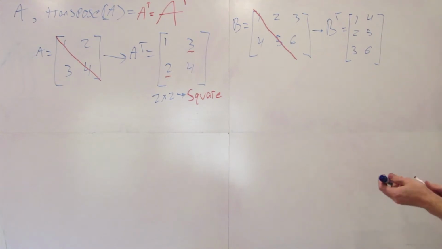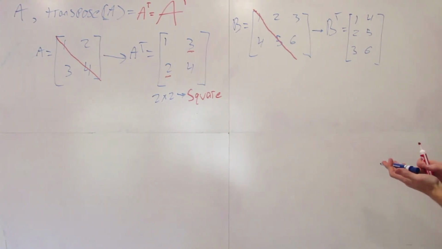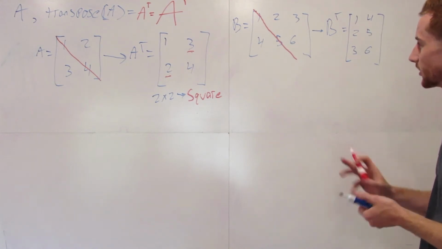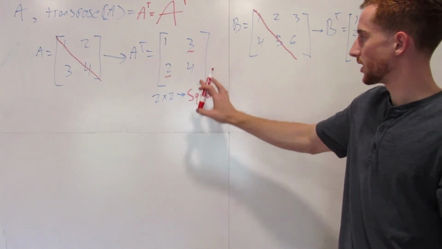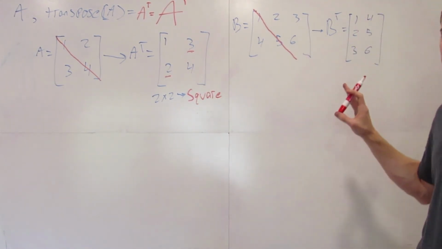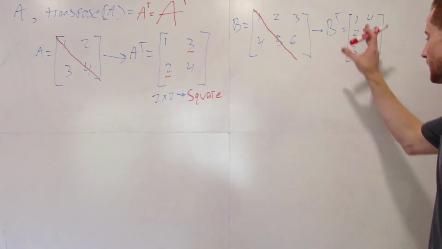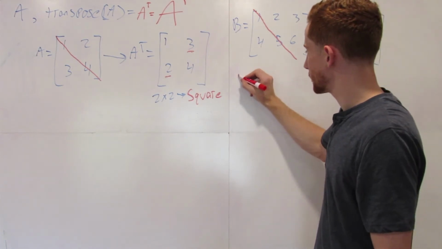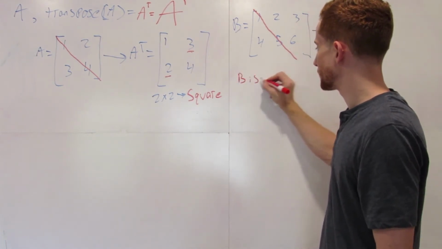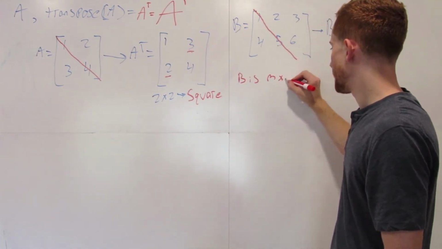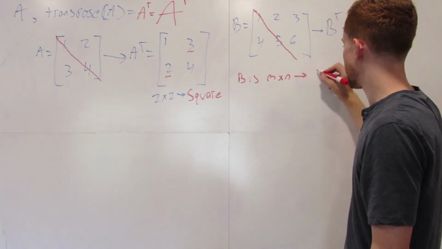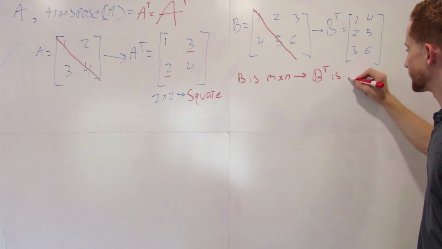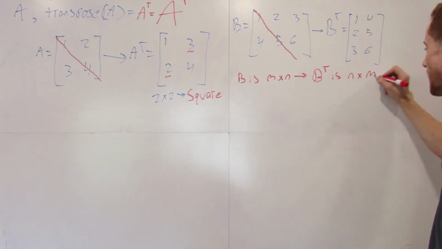So it's something that you just have to do a couple times to get an understanding. These ones are a lot trickier than these ones because you have this weird change of orientation essentially. So in the general case, B is M by N implies that B transpose is N by M.